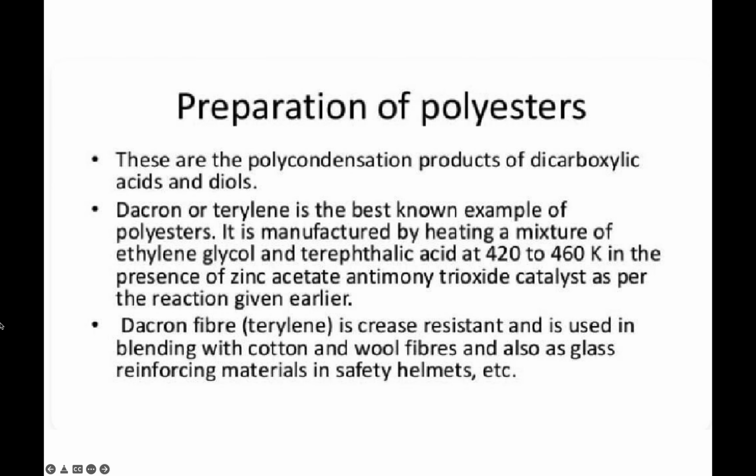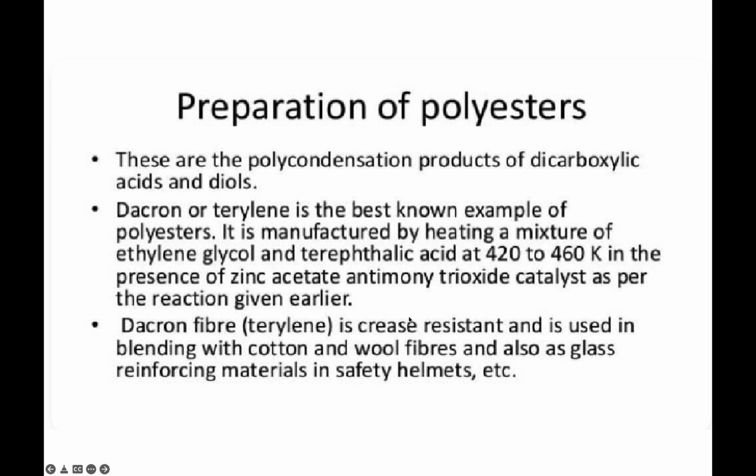Now preparation of polyesters. Polyesters are normally polycondensation products of dicarboxylic acids and diols. The best known example of polyesters is dacron or terylene, and normally we heat a mixture of ethylene glycol and terephthalic acid at 420 to 460 Kelvin with a zinc acetate and antimony trioxide catalyst.